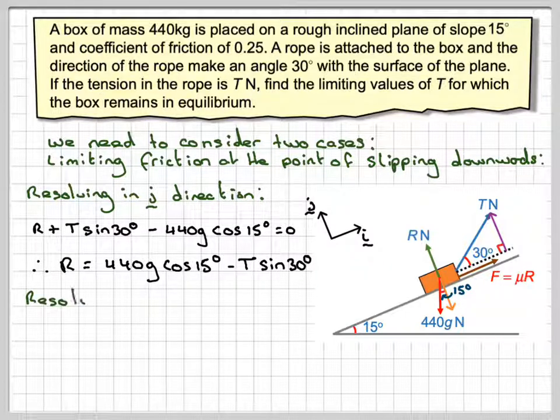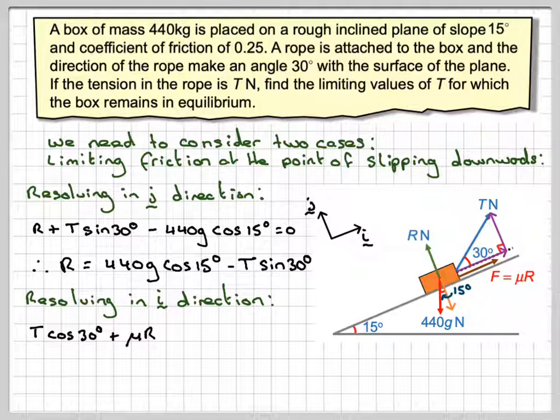Right, resolving in the i direction, in this direction, we're going to have T cos 30 degrees. We're going to have mu R as well, so plus mu R. And then acting in this direction, we're going to have 440 g sine 15. So that has to be subtracted, and that will be equal to 0 because the box is in equilibrium.